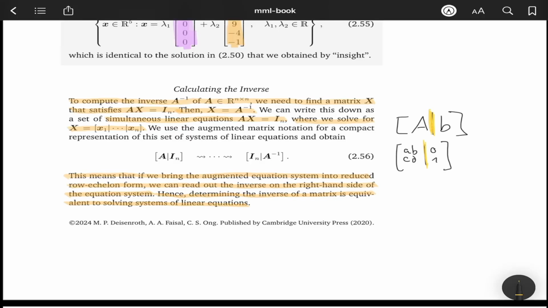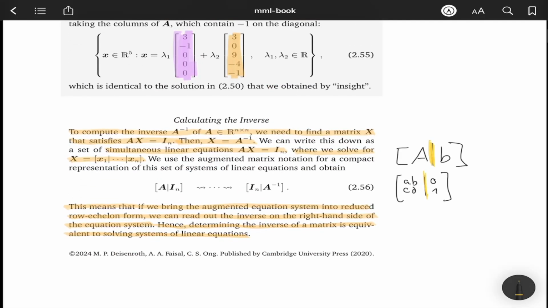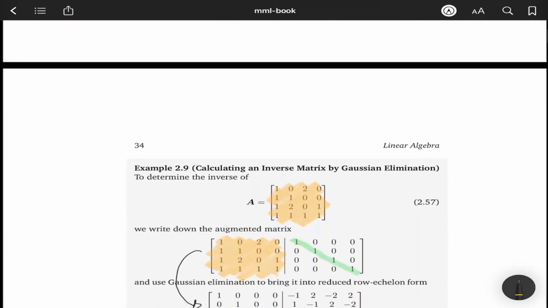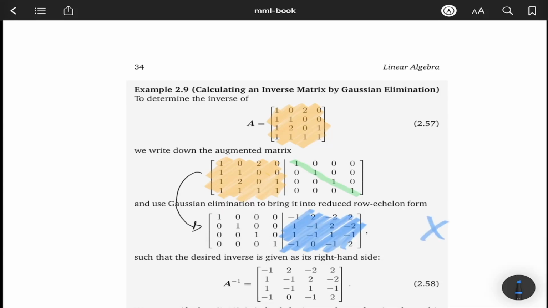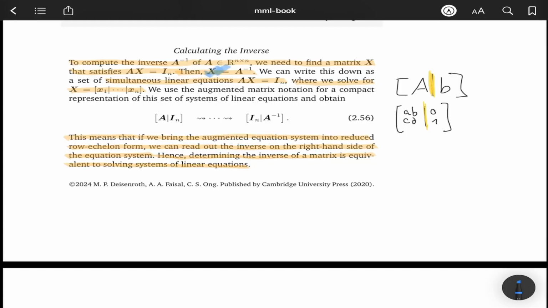What they're saying is, okay, you have this system of linear equations, and we are looking for x. So this one, this should be x, right? Because we have here x is our inverse and can only be satisfied if you multiply A with x, you will get an identity matrix.